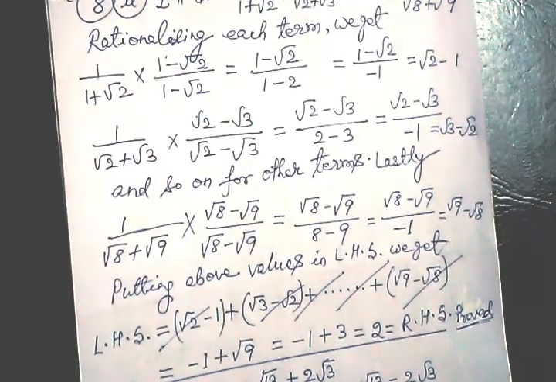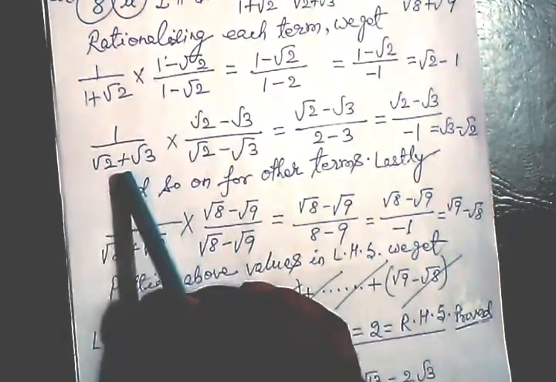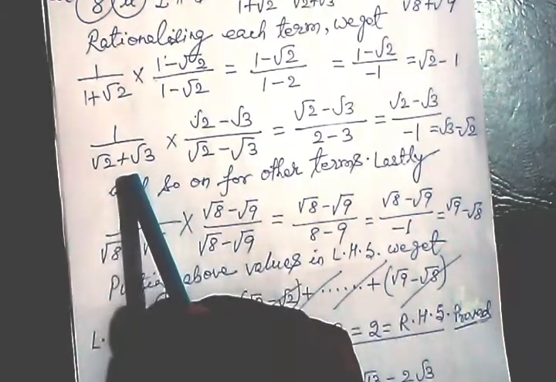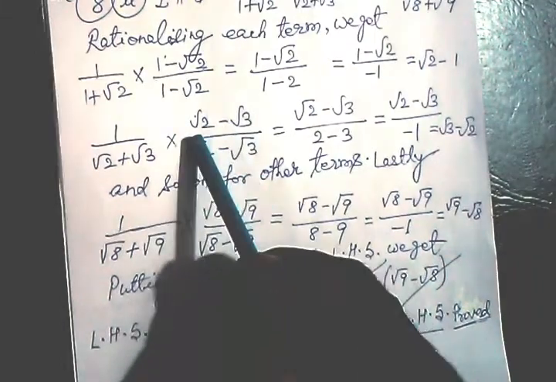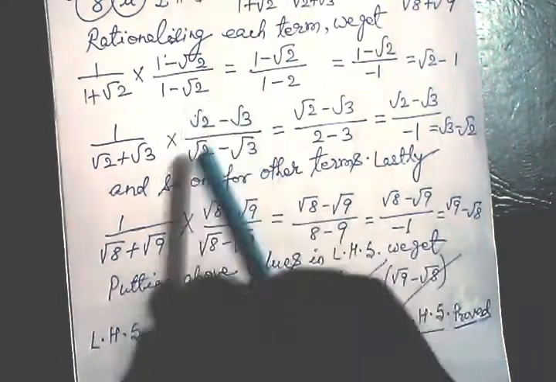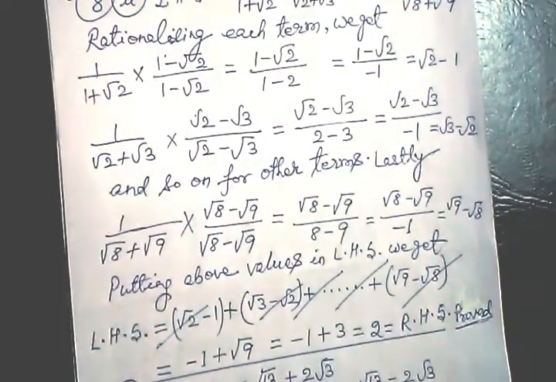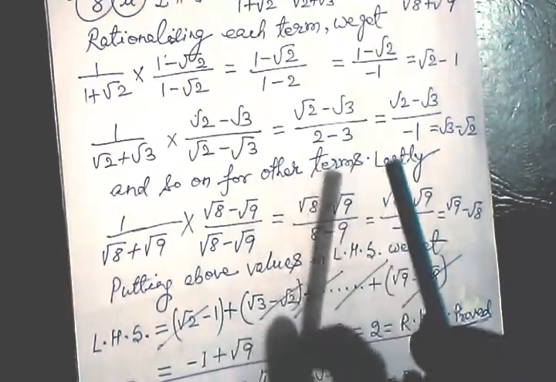Now we have taken the second term, 1 upon root 2 plus root 3. Again we have multiplied with root 2 minus root 3 upon root 2 minus root 3, multiplying numerator and denominator by the same quantity. What will we get?